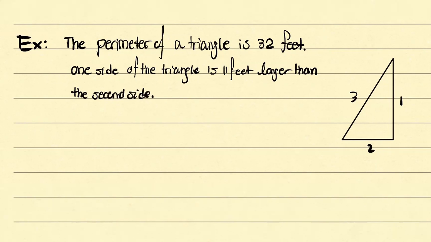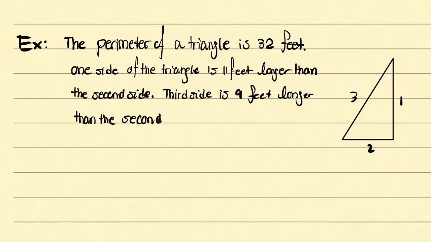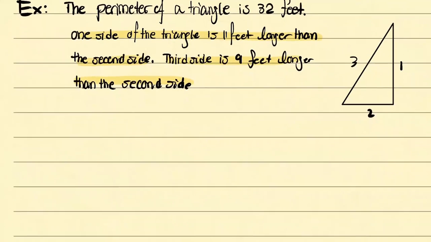The third side is 9 feet longer than the second side. So notice this statement right here and this statement right here are in reference to the second side. So the second side is the thing that we really don't know.